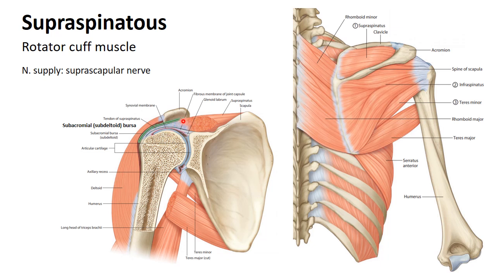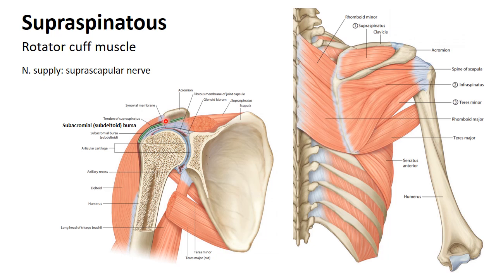As the supraspinatus muscle will be in direct contact with the inner aspect of the acromion, remember, when we have a muscle near a bone, especially in relation to a synovial joint, we need something to reduce the friction between these two structures. So here we will have a bursa called the subacromial bursa, beneath the acromion, that separates the supraspinatus muscle and tendon from the acromion.